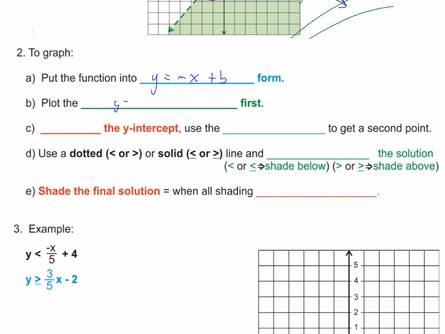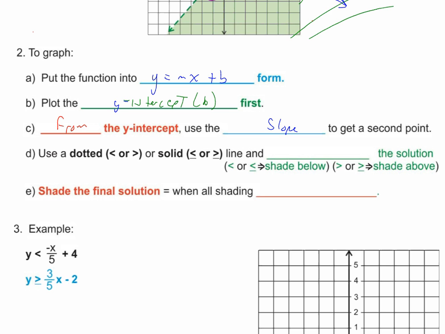This has been on every test since we've had this, right? The Y-intercept or the b, right? It's one and the same thing. And remember, from the Y-intercept, use the slope to get the second point. This is all review, right? We've done this already. Use the slope to get the second point.